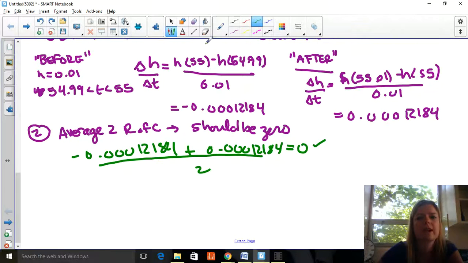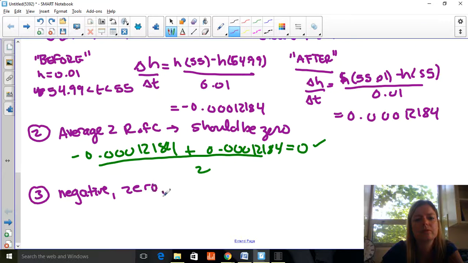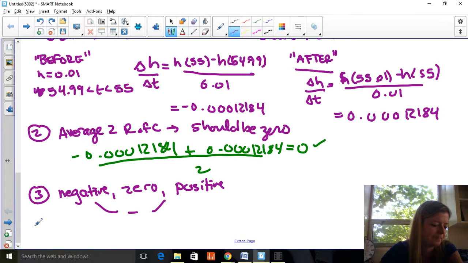So that is a good thing. Then our next step is to verify the proper signs, which I've been talking about. So this was negative, then 0, then positive. So that looks like you're going down, then 0, then up. So yes, that looks like a min if you want to have that visual for yourself there.